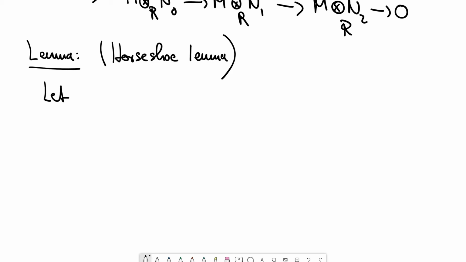So let M0, M1, M2 be a short exact sequence.